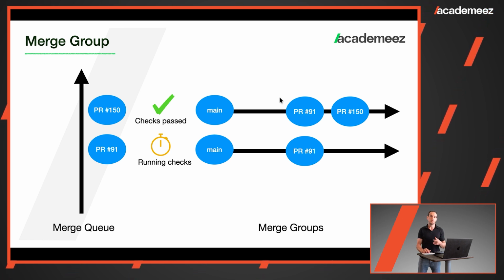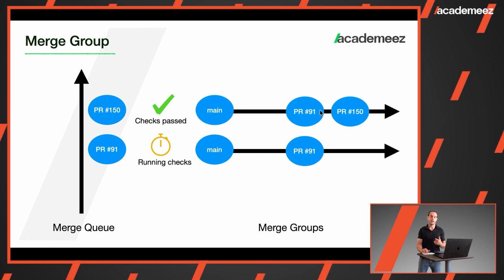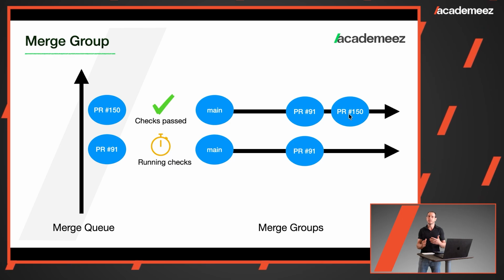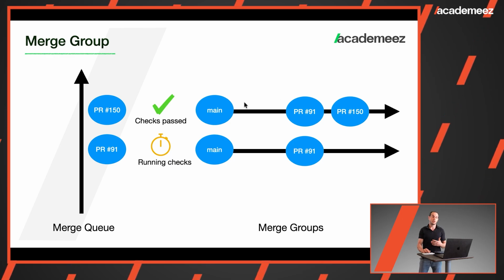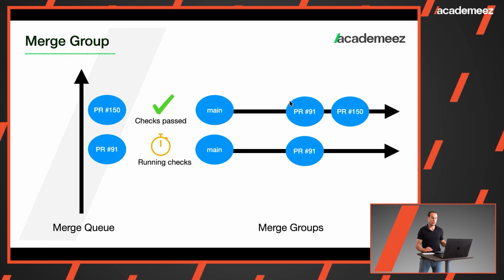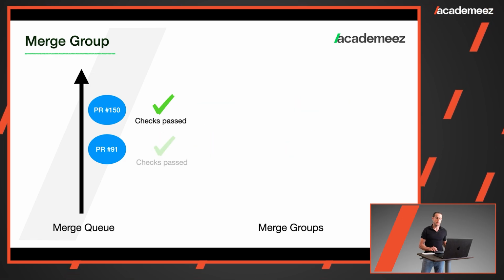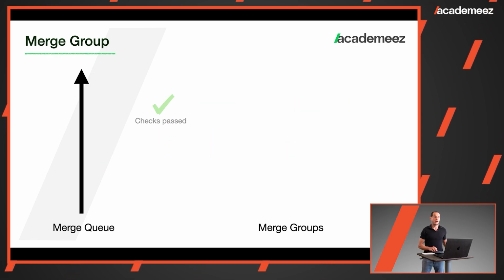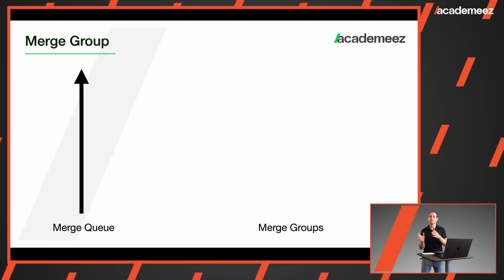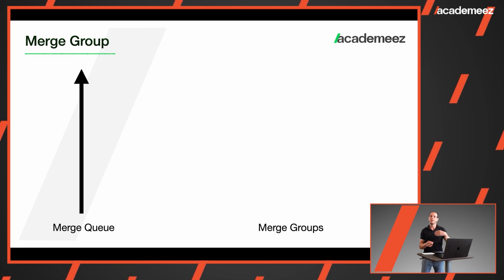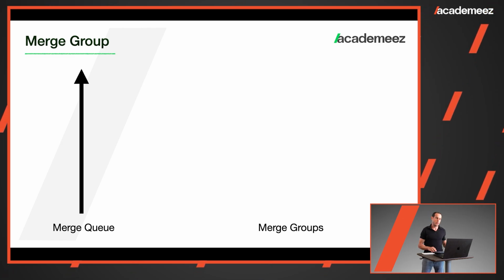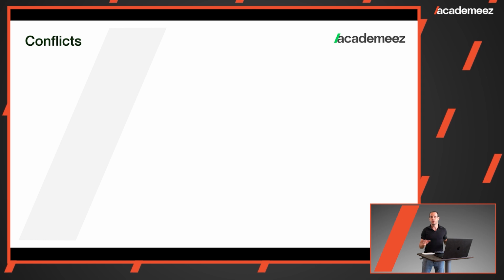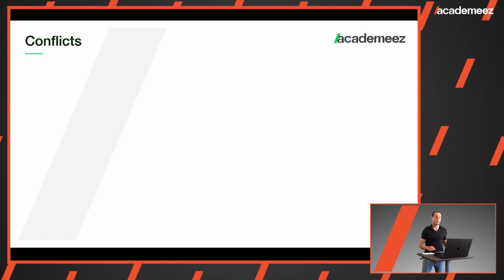When a merge group branch is created for PR 150, it needs to take PR 91 and then place 150 after it. During that process, we might have a conflict, which would cause a failure to create the merge group branch. So this is a scenario that might happen: everything passed, your PR doesn't have conflicts with main, but when your PR is moving to the merge queue, it might have conflicts with one of the PRs that are already in the merge queue.